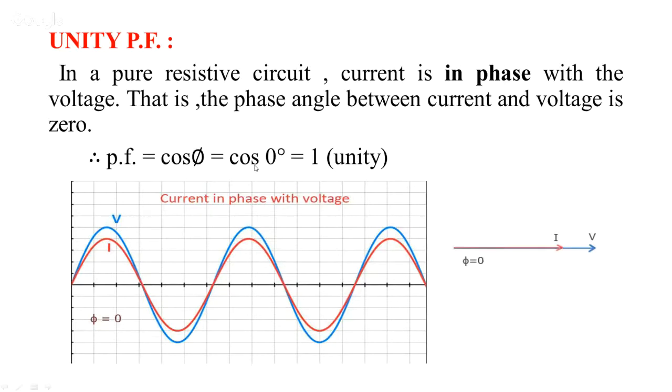We know that cos 0 is 1. That is unity. So a pure resistive circuit will have unity power factor. If you plot the wave diagram, you can see the voltage and current will be in phase with each other. Therefore, the power factor will be 1.